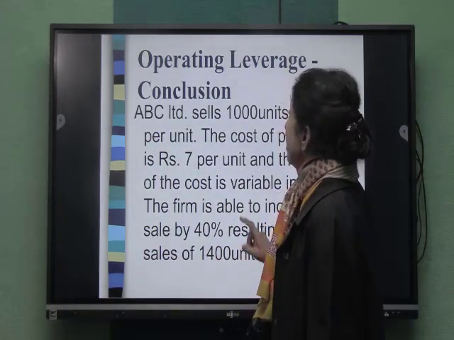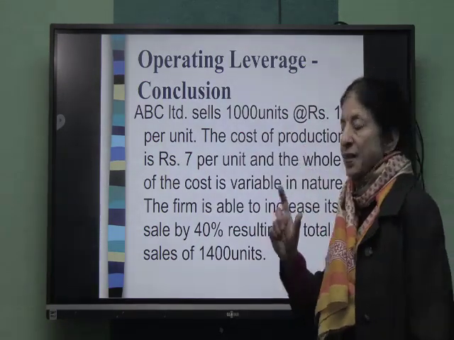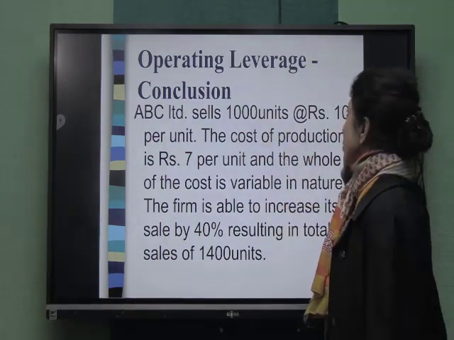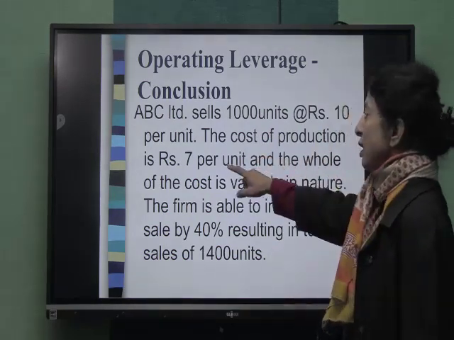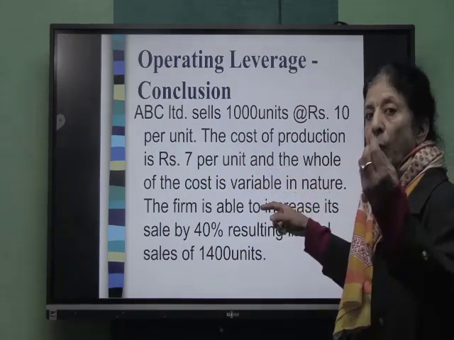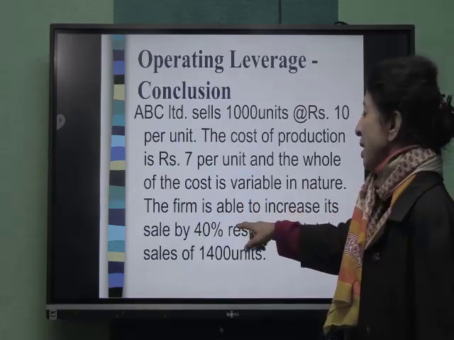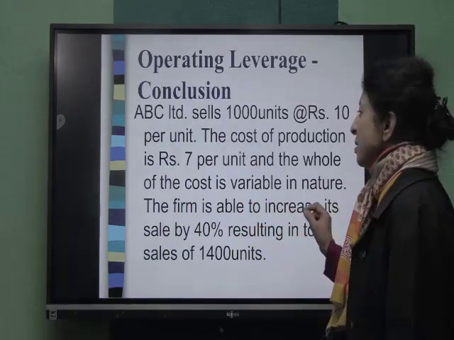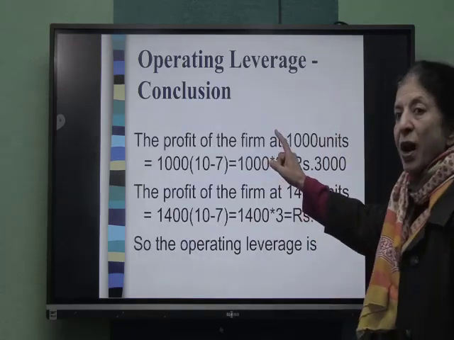Okay, now just read. Here I have taken the example of ABC Limited, which sells 1000 units at rupees 10. Okay, the cost of production is rupees 7 per unit, and the whole of the cost is a variable cost. Say the firm is able to increase its sales by 40%, resulting in total sales of 1400 units. Now understand the calculation.